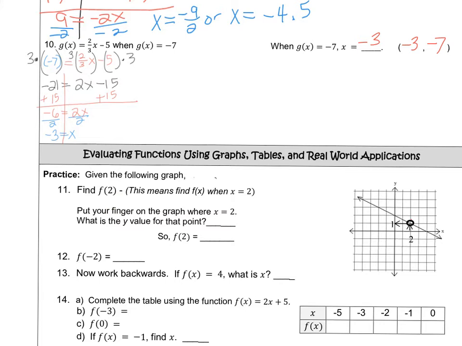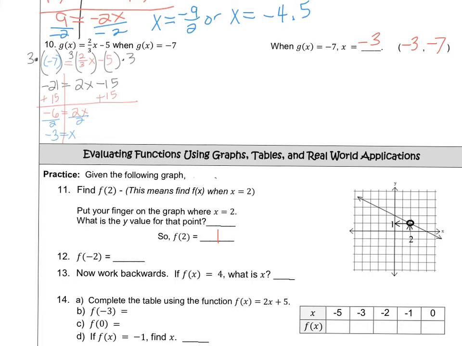So we're going to go to our graph and say, okay, when x is 2, we go up to get on the line and say, what's our y value right there? Well, our y value right there is 1. So when x is 2, our output, our y value, is 1. That's the way that we do it.